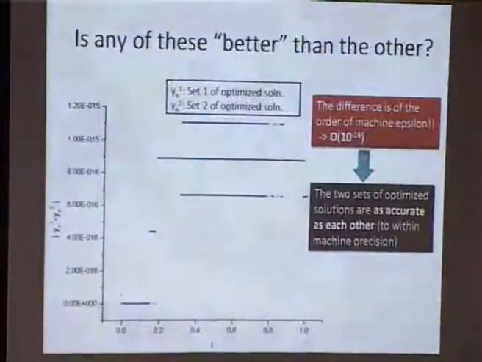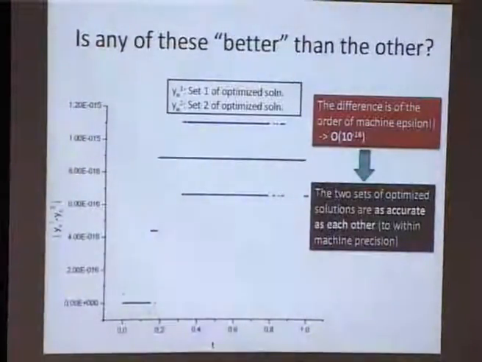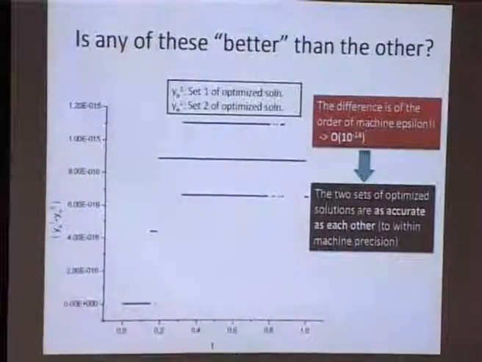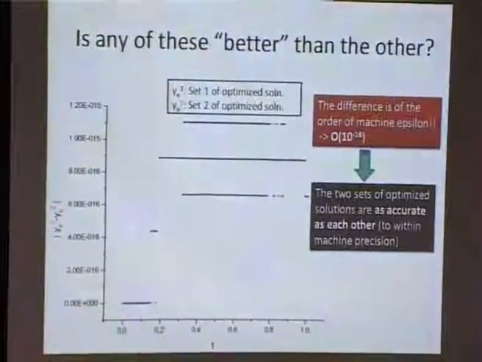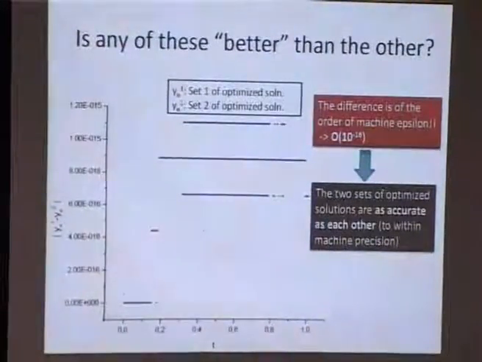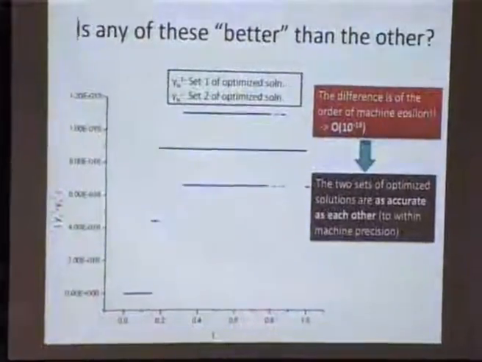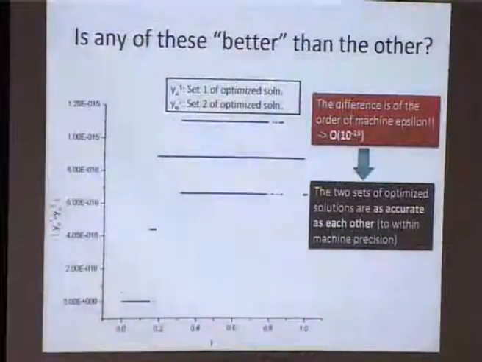I plot that as a function of t, which is the independent variable. This plot is for a step size of 10 power minus 4, which means I've taken 10,000 steps, and I've seen how the absolute value of the error between the two numerically optimized solutions varies with the independent variable. And if you look at the order on the y-axis, it's of the order of 10 power minus 16.